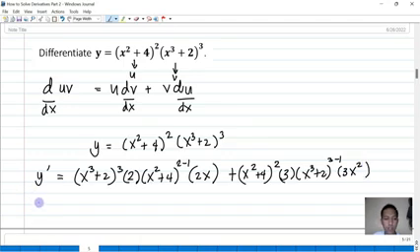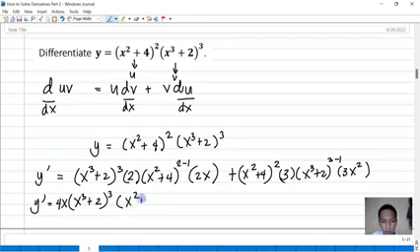And you should simplify this. So, this becomes y prime is equal to (x cubed plus 2) quantity cubed. So, this is 2 times 2x, that is 4x. And this one here is x squared plus 4, raised to 2 minus 1, so that is just 1.